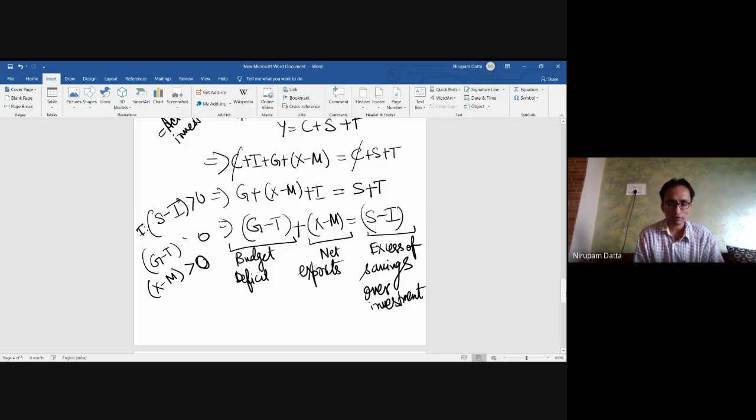That means there is a budget deficit, and there are net exports. That means exports are greater than imports. So what happens when exports are greater than imports?